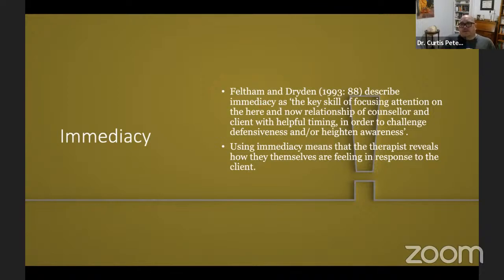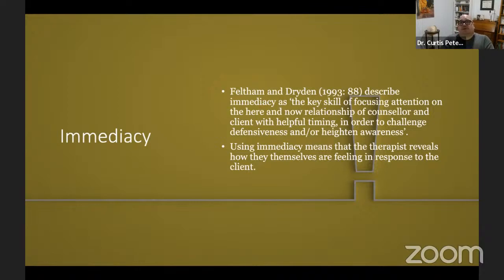It's really kind of a de-escalation strategy. But what it does, especially for substance use and for trauma, is it takes that person out of that trauma mindset and brings them back into this safe moment.